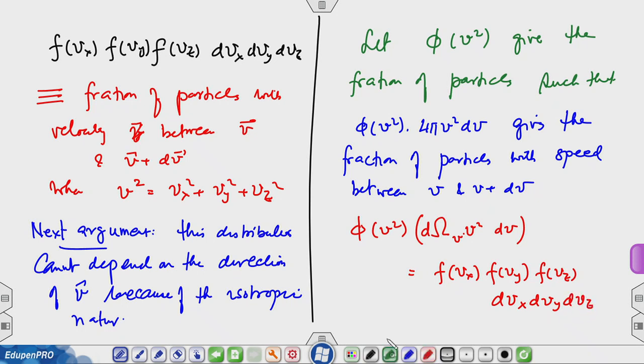So if you were to look in spherical polar coordinates, this is the volume we are talking about at distance v. This is dv, and there is some d omega v. And this is equal to fx and all that. So if this is the case, clearly fvx, fvy, and fvz also cannot depend on the direction.